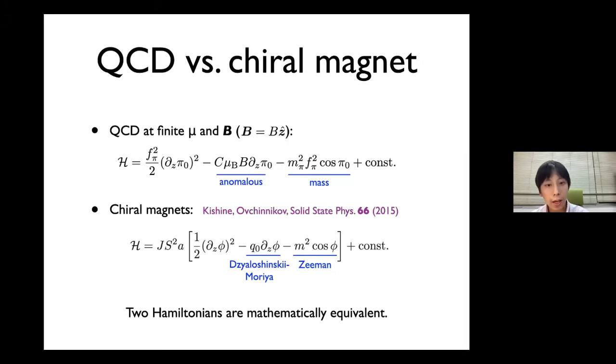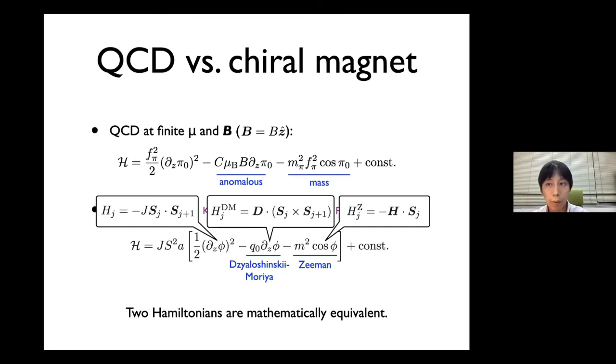Here, J is the strength of the interaction between neighboring spins, S is the magnitude of spin, and A is the lattice spacing. And phi is the spin angle as a function of the coordinate. Okay? And the first term of this Hamiltonian can be obtained by taking the continuum limit of the usual Heisenberg model for spins.